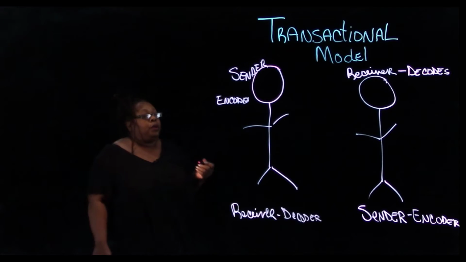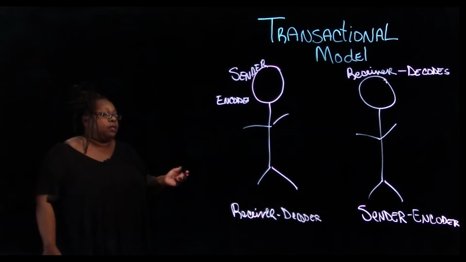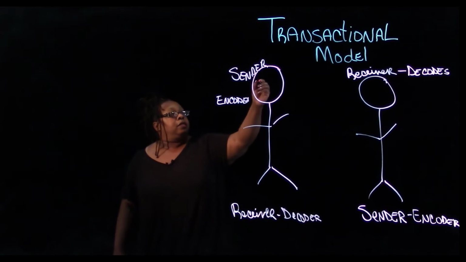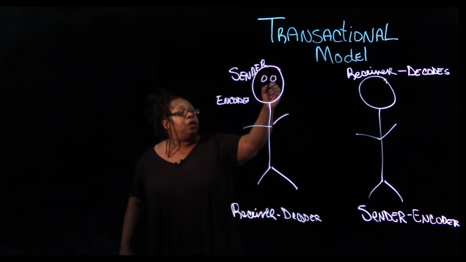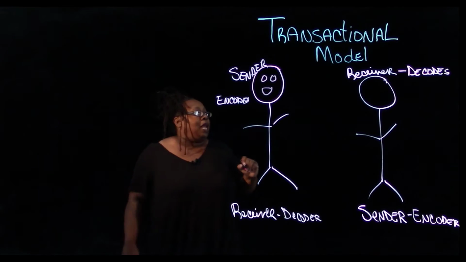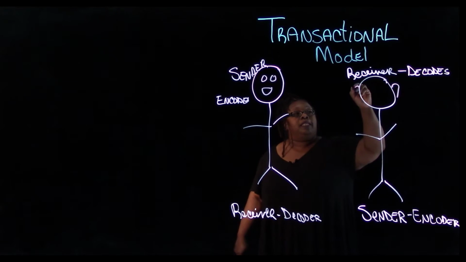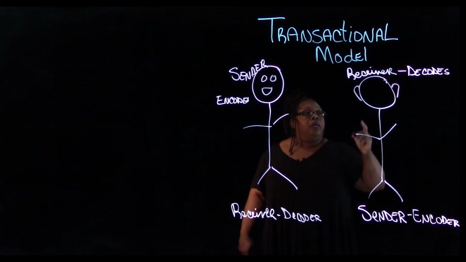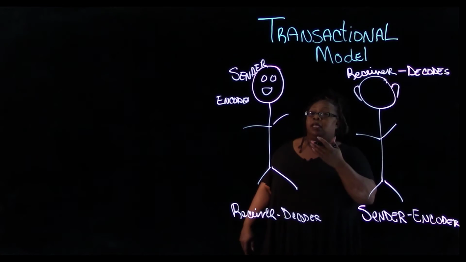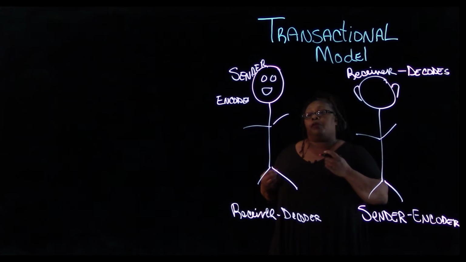Now, what they're sending are messages. Some messages, we'll just say right here, this encoder is speaking. And this initial receiver is listening. However, the receiver can send information back even non-verbally.